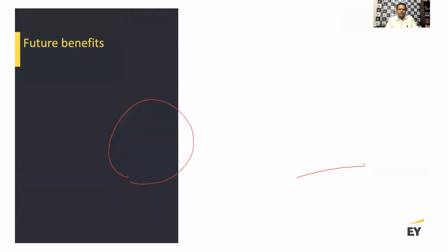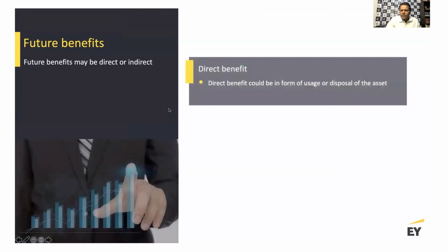So when you look at the benefits, how do you look at the benefit for any property, plant, and equipment? It can be direct or it can be indirect, right? Future benefit may be direct, or future benefit may be indirect.